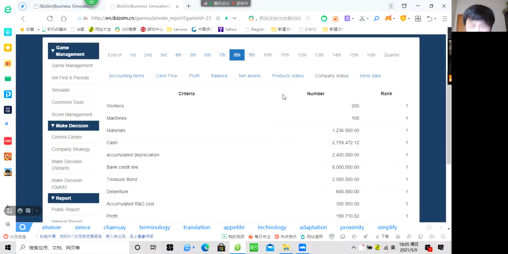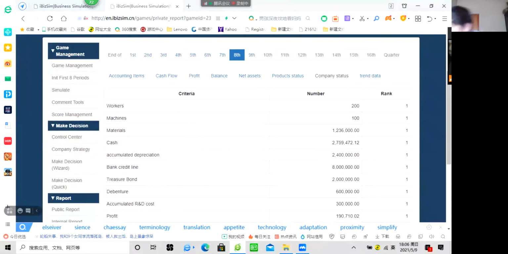What should we do? We should follow the previous quarter to see how many materials are stored in our warehouse and how many machines are operating in our factory. So now we can check, oh, we have 200 workers, we have 100 machines. How about the materials? Oh, we have that. Please make a note of the data. Please use your copy, your hand, your pen.